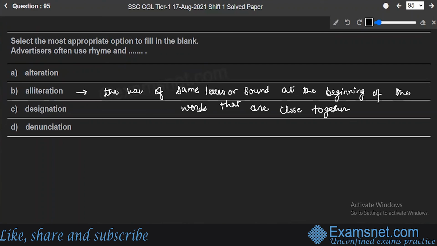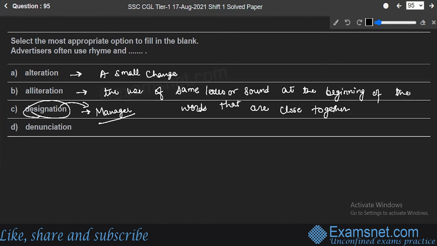Let's see the meaning of all the other words also. Alteration means a small change. Designation means the act of giving something a name to show its particular purpose, or the act of choosing somebody to do a particular task. Like, what is the designation of that person? A manager, right? So somebody is chosen to do a particular task. That's the designation of that particular person.